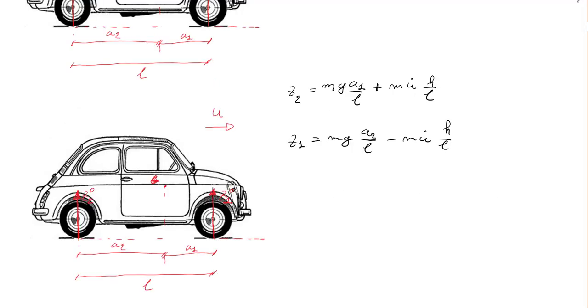Now what we know is that if the car is moving to the right, we of course have a mu dot during the braking phase.